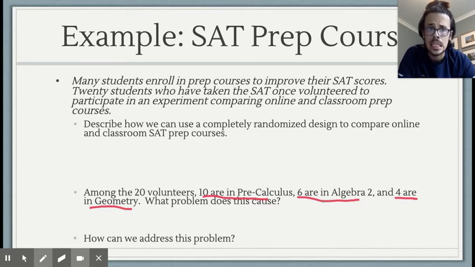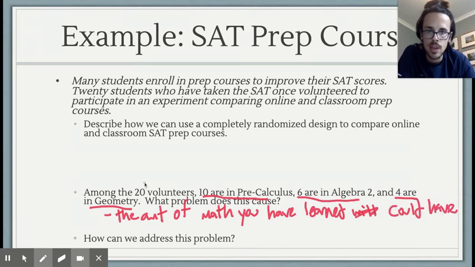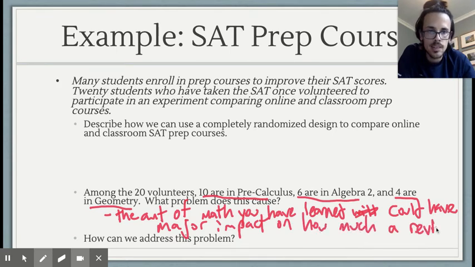Okay? So going in, the amount of math you already have learned in the past is probably going to have a pretty significant impact on how much this class actually helps you. So the amount of math you know or you have learned will have or could have a major impact on how much a review class helps.